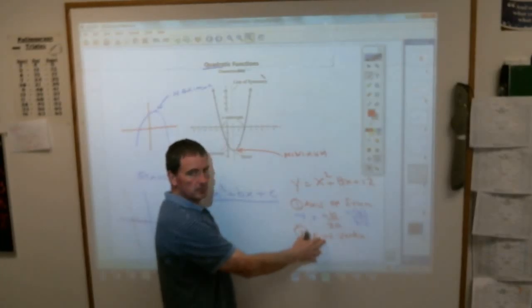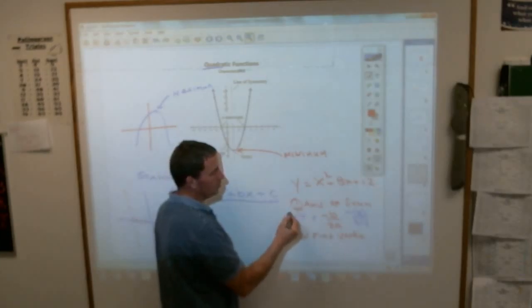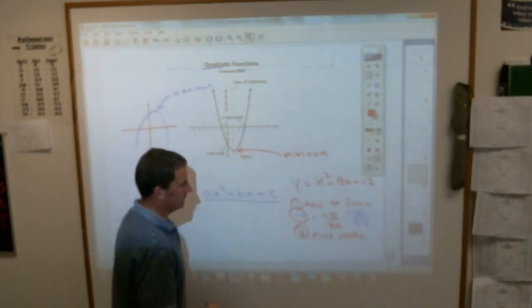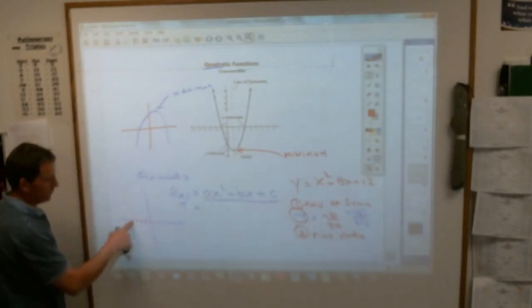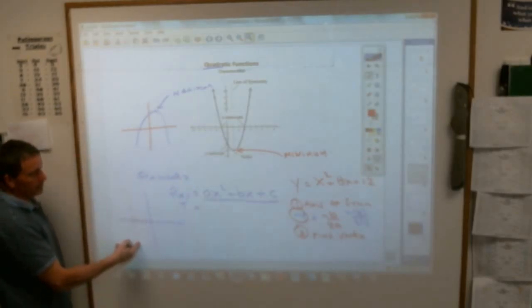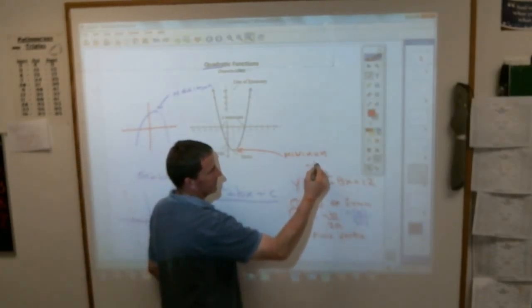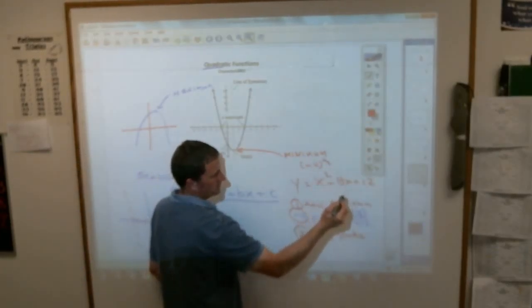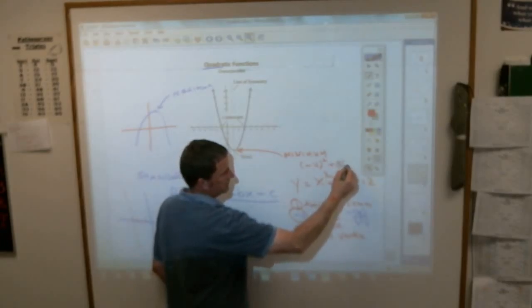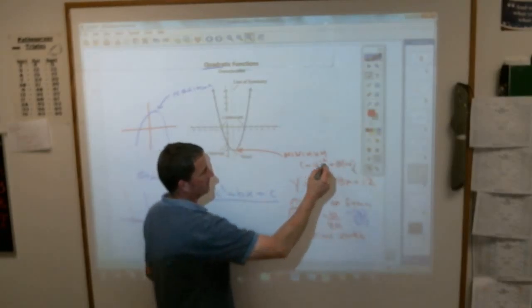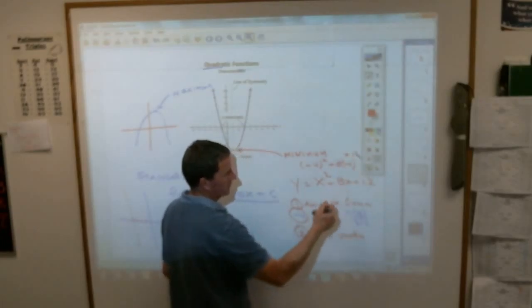Plug that number back. Yeah. You want to find what the y value for that negative 4 is. Because I know negative 4 is the x value. I want to know how low it goes on the y-axis. So I take my negative 4 and I plug it into this. Negative 4 squared plus 8 times negative 4, plus 12.